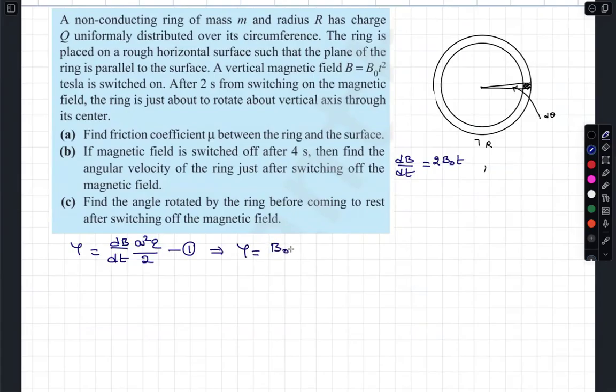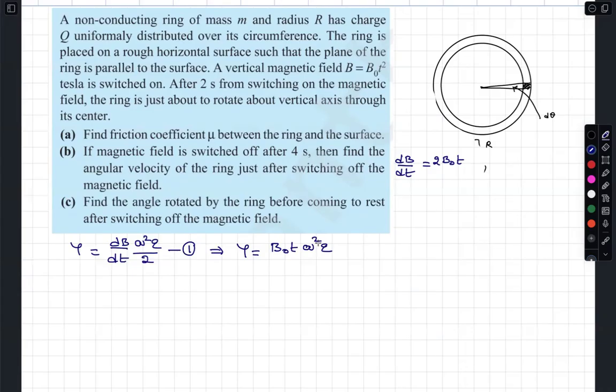In fact, it is 2B naught t times a square q. That is about the torque. Someone please confirm whether you are comfortable with this part of my derivation, yes or no. Right, this is the torque part.